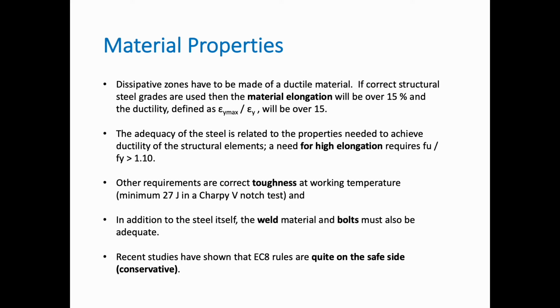Recent studies have shown that Eurocode 8 rules are quite on the safe side, quite conservative, especially when there were direct comparisons between Eurocode 8 and the American codes. We can see that Eurocode 8 is somewhat more conservative.